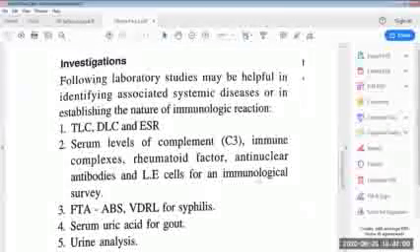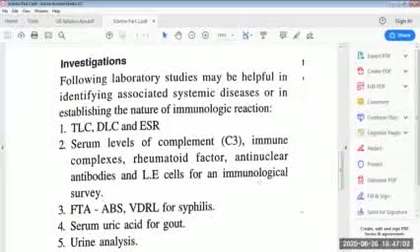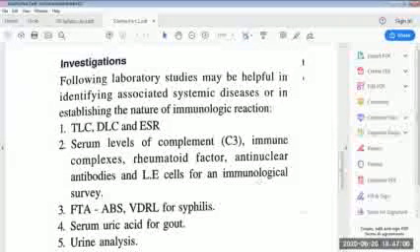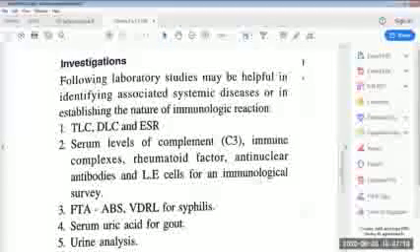Then LE cells for an immunological survey. Anti-nuclear antibody is called the ANA test. It is a primary test to help evaluate a person for autoimmune disorders that affect many tissues and organs throughout the body, like SLE.